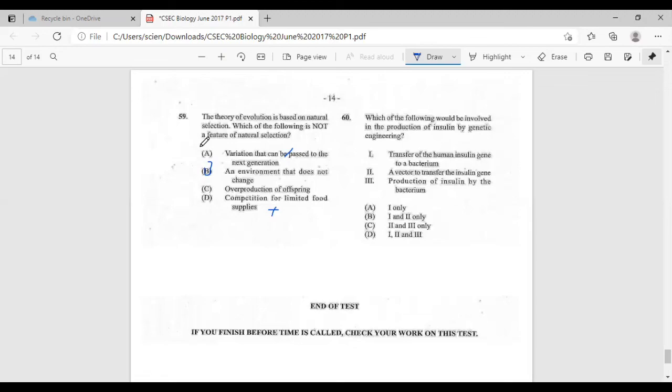So now, if we were to identify which one of these processes are involved in genetic engineering, we have to analyze the meaning. So it's basically putting a gene which has a desired characteristic into another organism, mainly a bacteria.